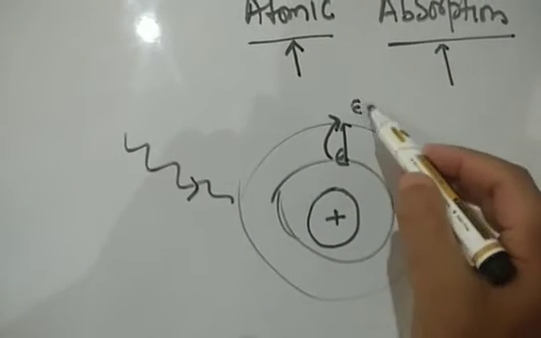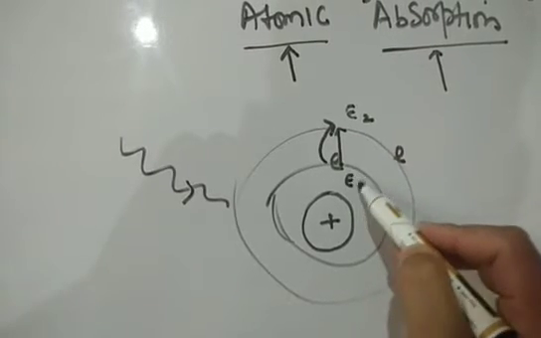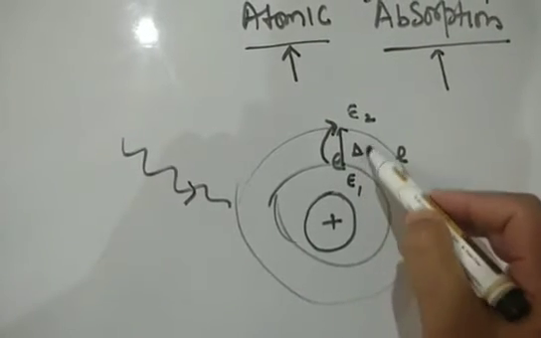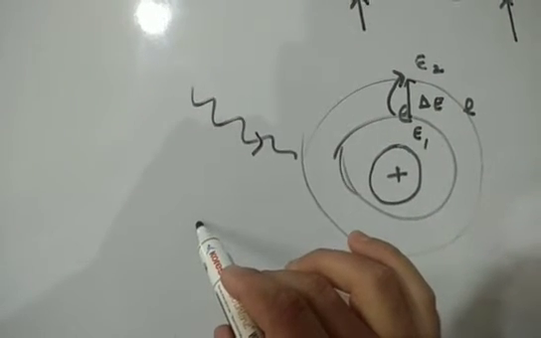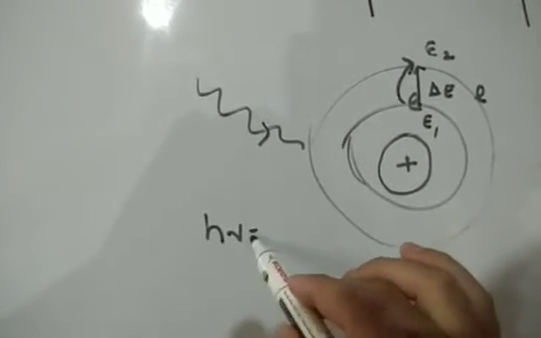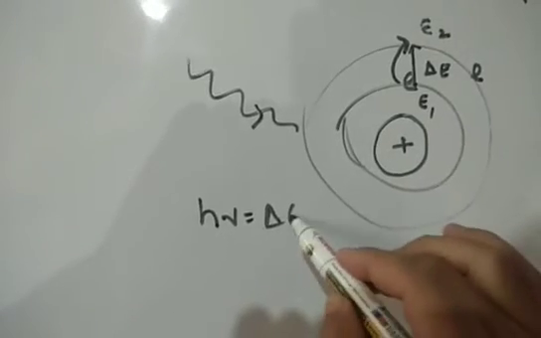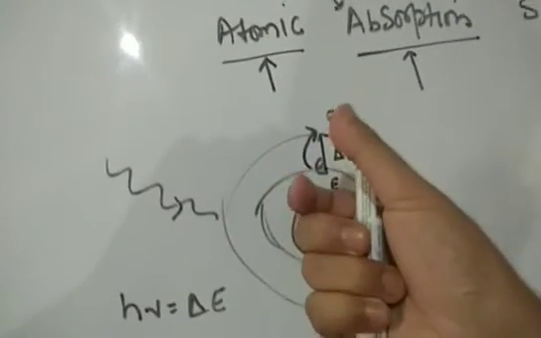So let us say it is E2 and it is E1. So there's an energy gap delta E. So if the energy of the photon or even energy of the radiation is equivalent to the energy difference, then only that radiation will be absorbed.